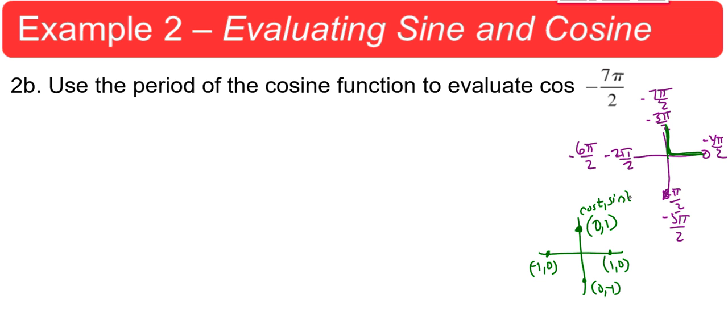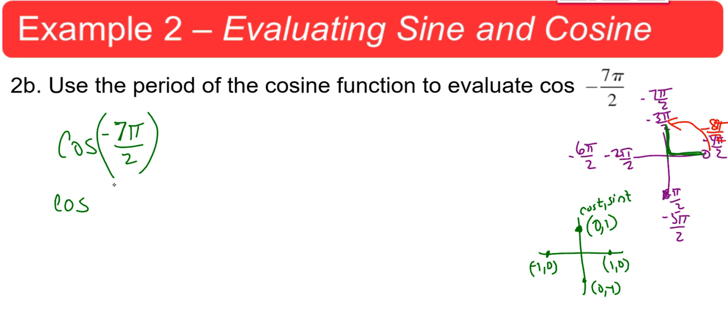So formally, I'm going to say, okay, the cosine of negative 7 pi over 2 is the same as the cosine of, well, let's think about that in terms of 2 pi's. If I would have kept going around here, there's negative 8 pi over 2. And then I'm going to add a pi over 2 to get negative 7 pi over 2.